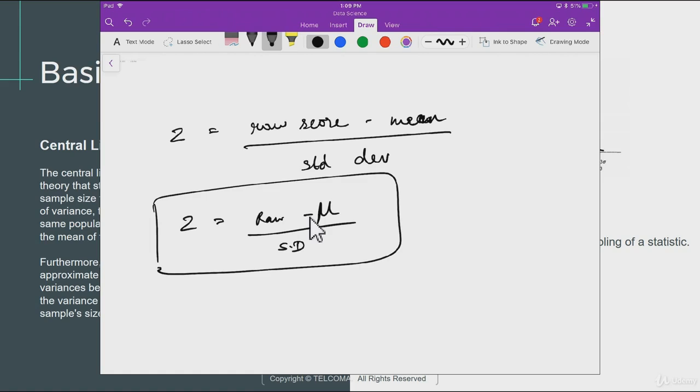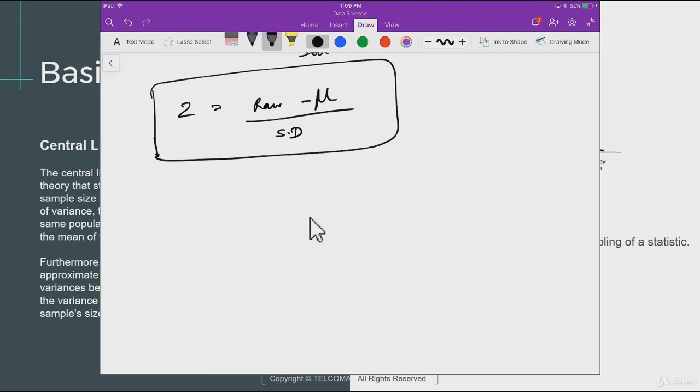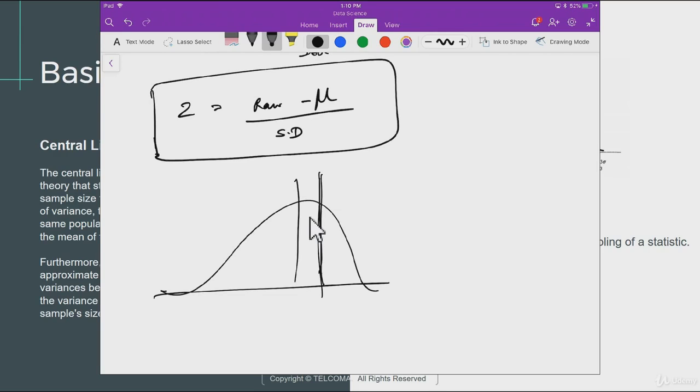It helps us understand how many standard deviations the score is above or below the mean. So if the z-score for a student is, let's say, 1.5, this is interpreted as the person having scored 1.5 standard deviations above the mean. On a normal distribution with this as the mean and 1.5 somewhere here, you get a fair idea of where the student has performed with respect to the entire classroom.